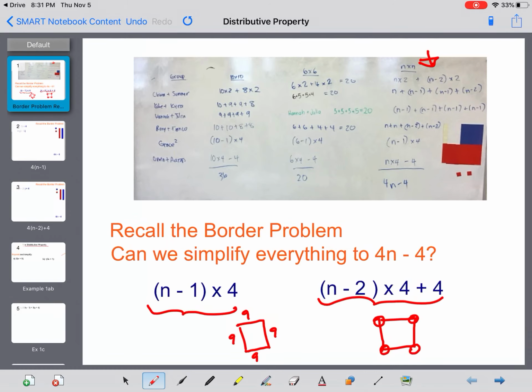So we're going to take off 2 from this side, and this side, and this side, if that was a 10 by 10. But then we have to add them back on. So we multiplied it by 4, and then we added the 4 corners back on. So that was two ways that you had to look at it. And so today we're going to look at how we simplify this to 4n minus 4.